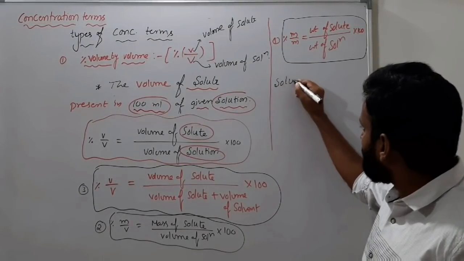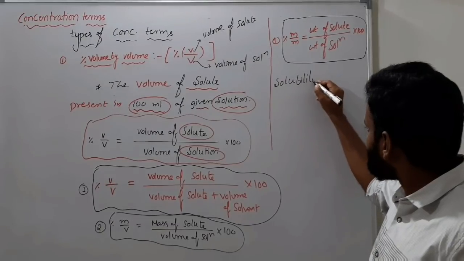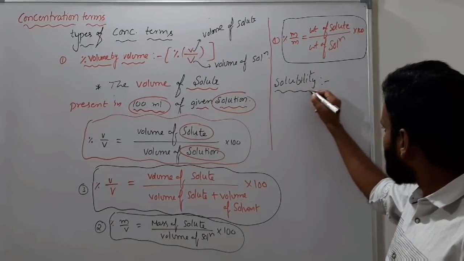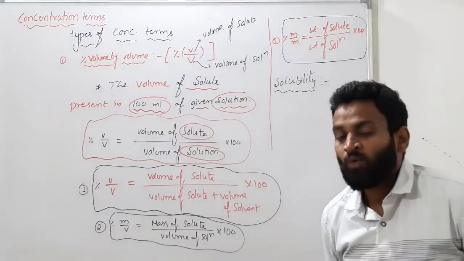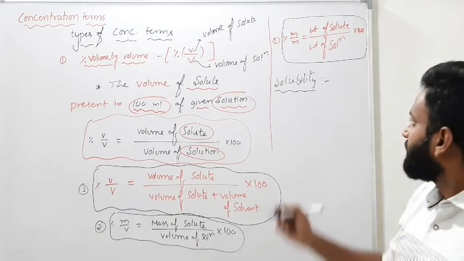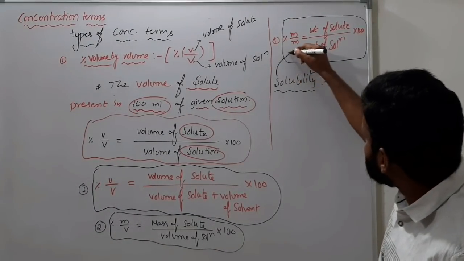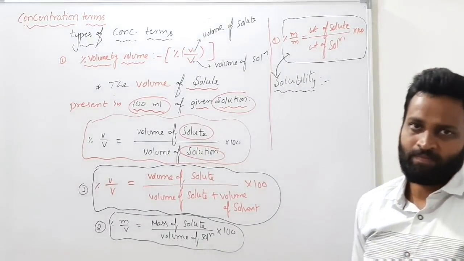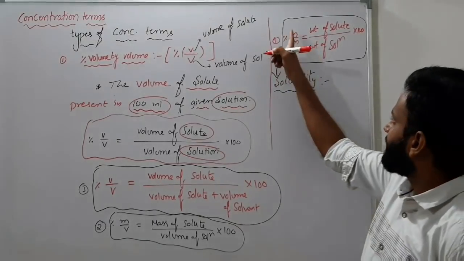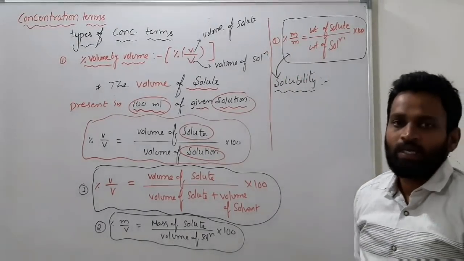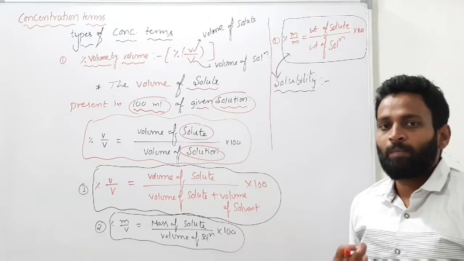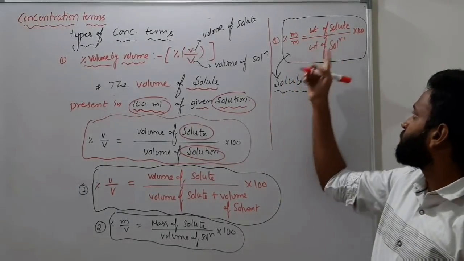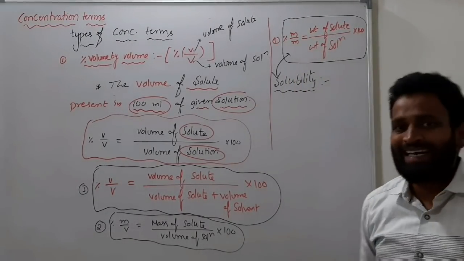Okay, one more important thing I will tell you here: solubility. Solubility and percentage M by M have a small difference. Percentage mass by mass means weight of solute by weight of solution into 100, right?